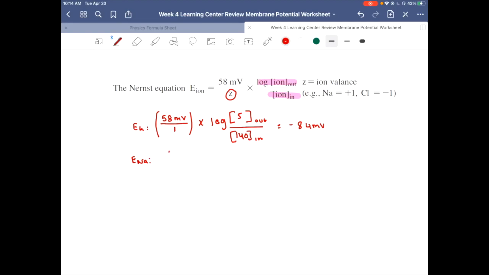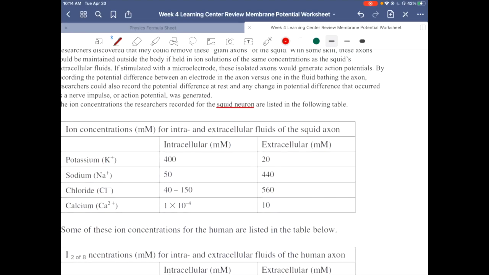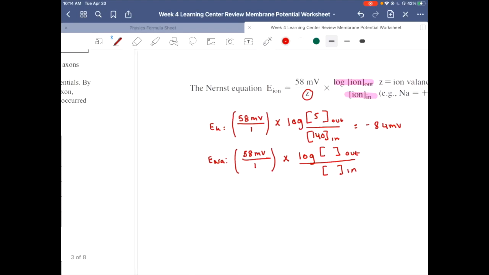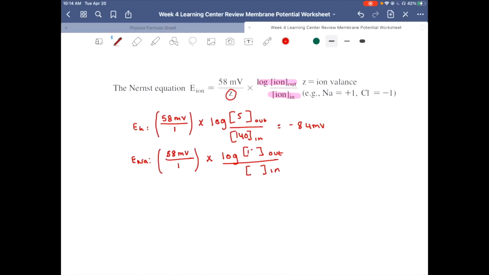And then same thing for sodium, we can keep the 58/1 part because sodium also has a +1 charge. And then we're going to do log of concentration out over concentration in. Going back to the chart, we see in is 15, out is 150. So this time the top number is going to be a lot bigger.